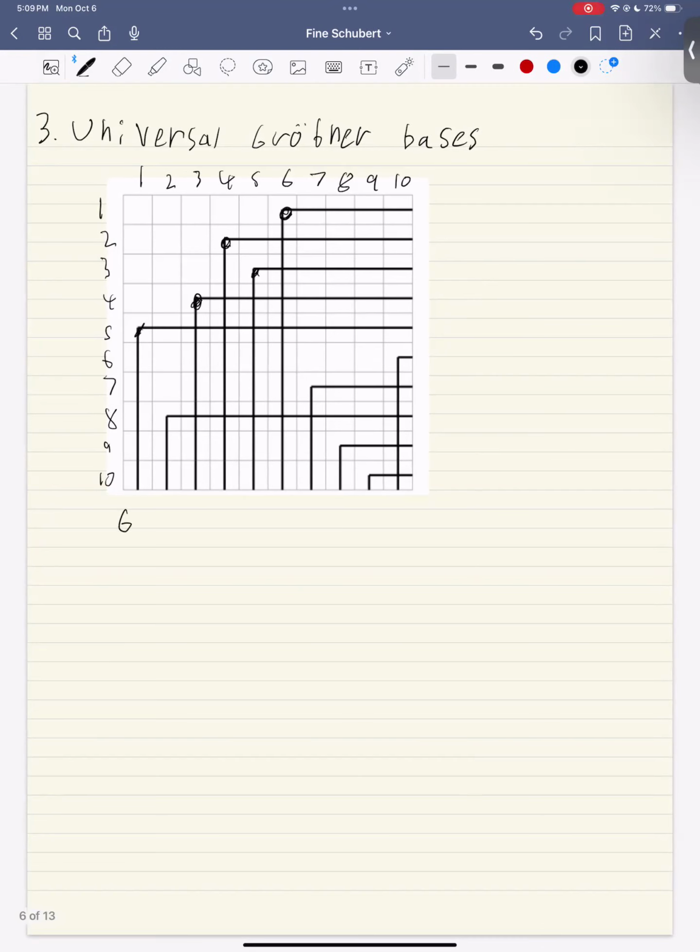In the second row, the dot is at the 4th point. Third row, the dot is at the 5th point, and so on. So you produce a permutation in this way: 10, 7, 8, 9. Okay, so there's a permutation like this, and maybe this is pi.